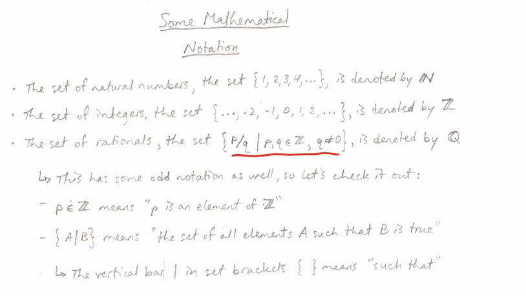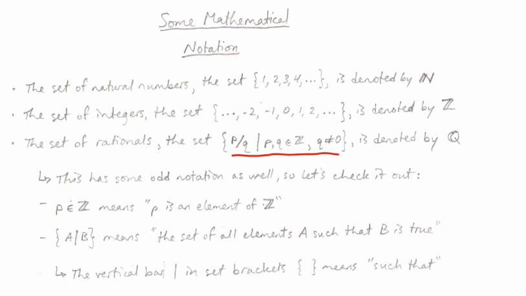So P, weird E looking thing, and then fancy capital Z. Mathematically, that's notation for P is an element of the set Z, the set of all whole numbers.